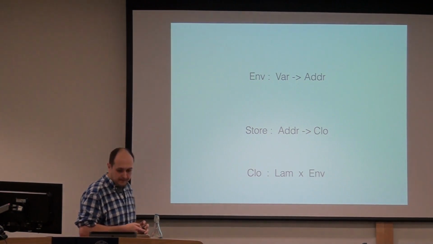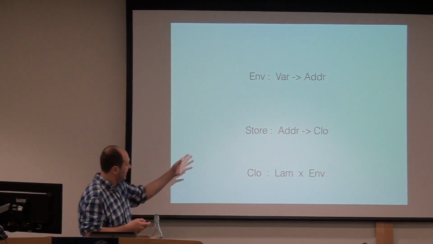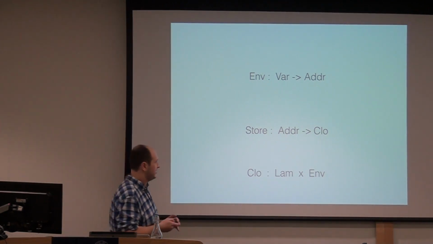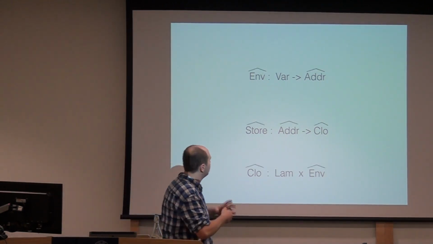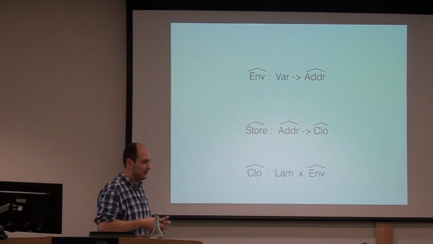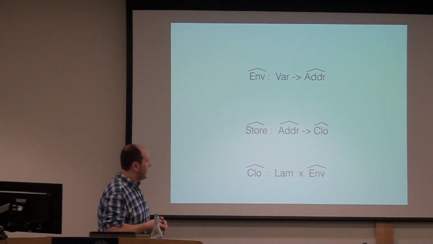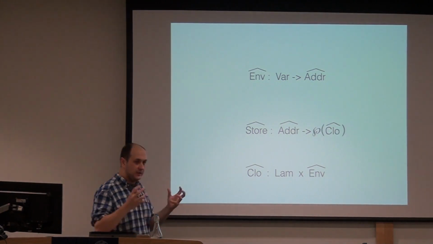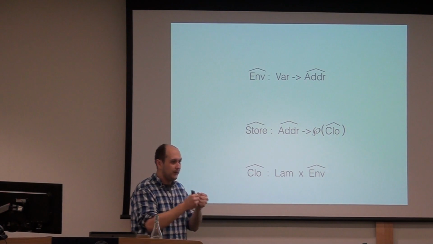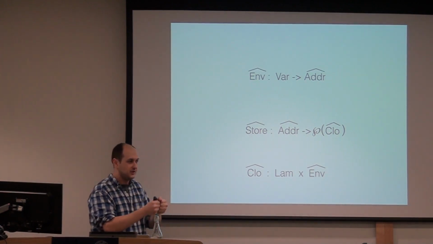So what we can do now is we can take our address set and we can finitize it, turning it into an abstract address set. And then all of the other semantic domains that depend on our address set also become abstract. And because we now merge multiple values into abstract addresses, we have to allow conflation between different closures in our store.